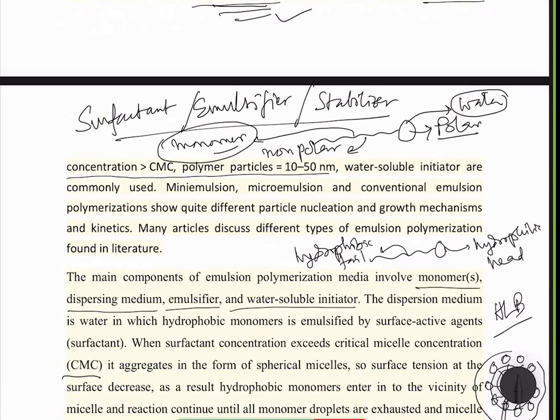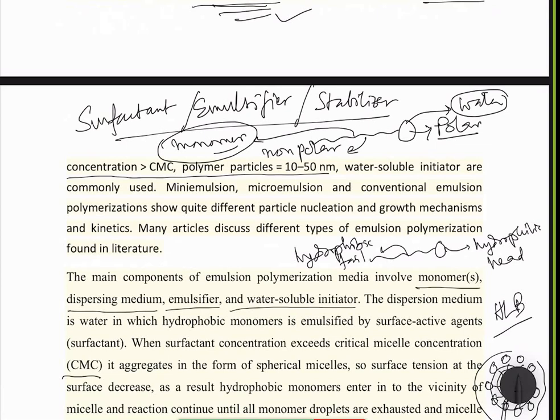So that way the dispersed size in emulsion polymerization is much finer as compared to suspension polymerization. And within emulsion we have the further refined size in conventional polymerization, then further lowering in size in case of mini emulsion polymerization, and even further lowering in size in case of micro emulsion polymerization.